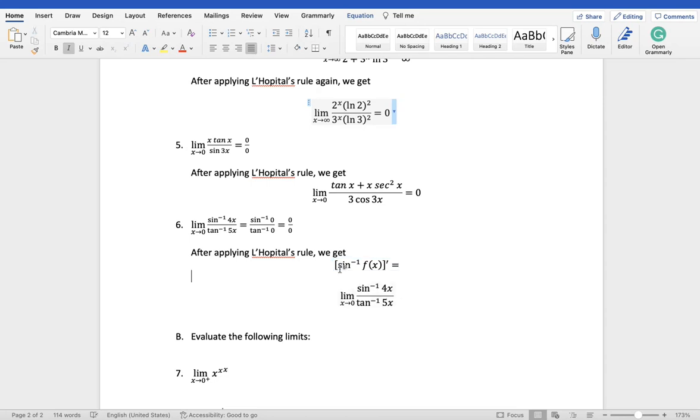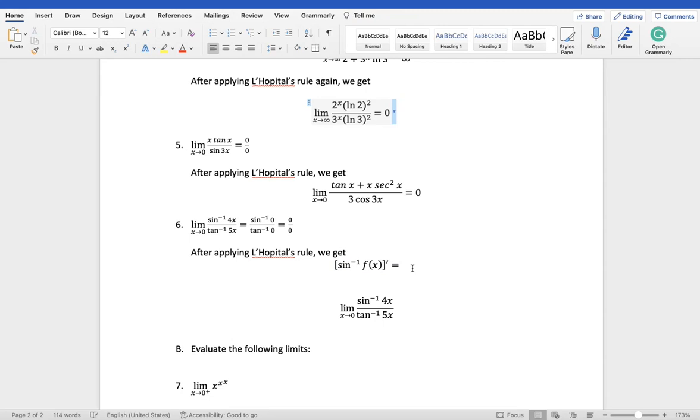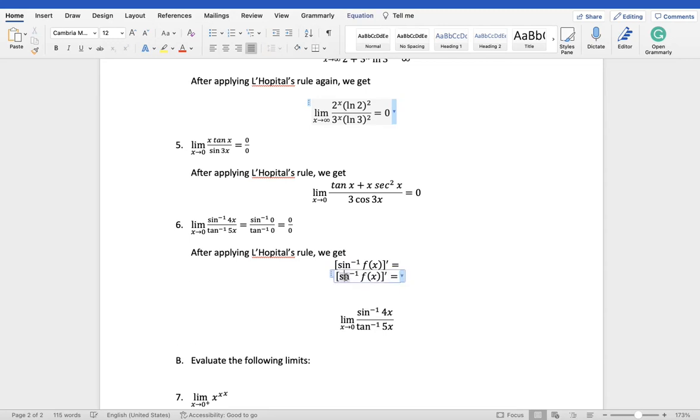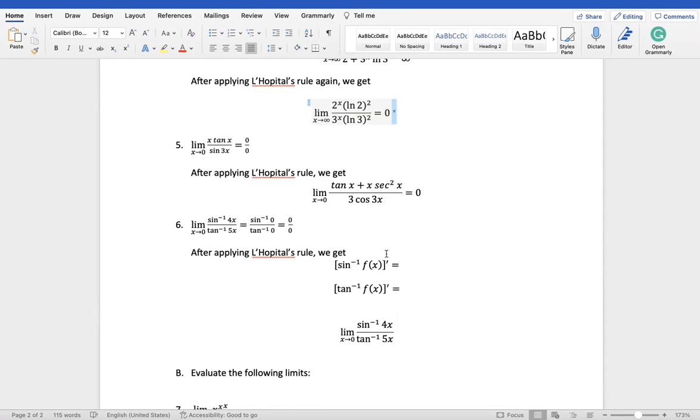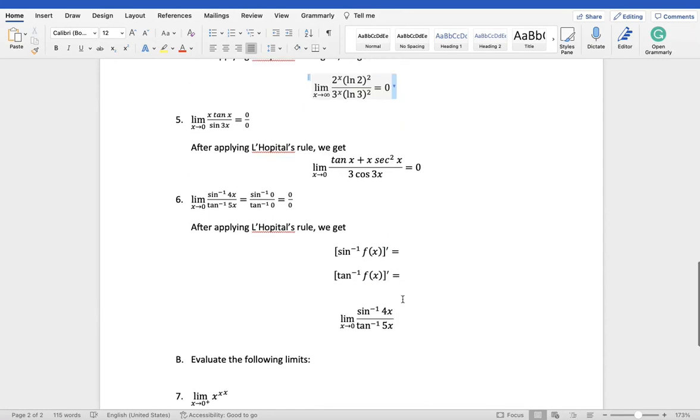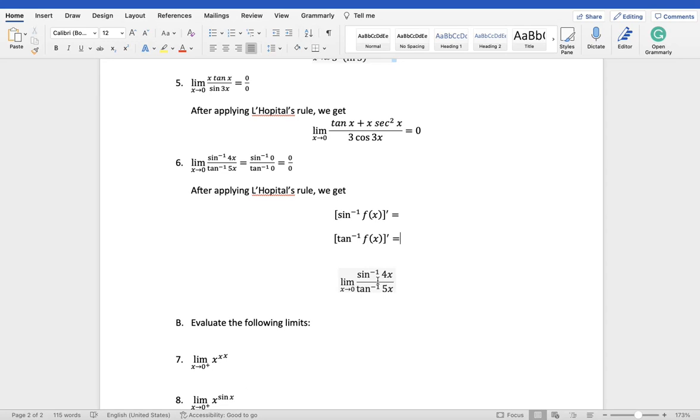And then you need to figure out the same thing for tan inverse. So apply the same logic to tan inverse. Tell me what it is. And then we can plug in the values that we're trying to get here for our problem.